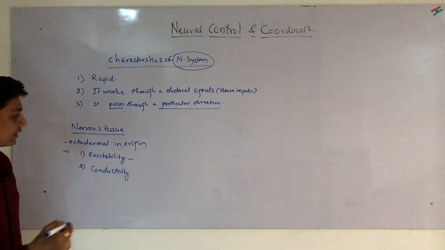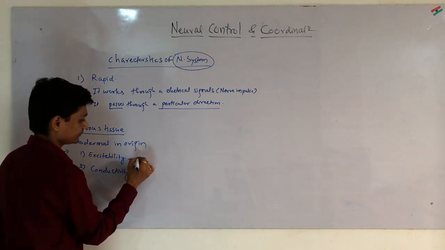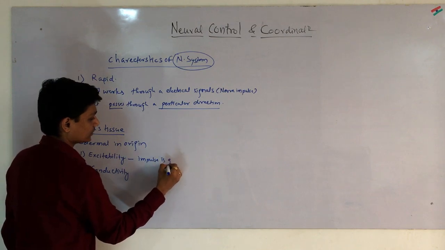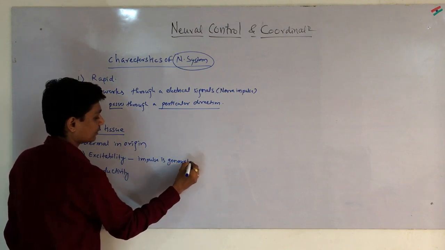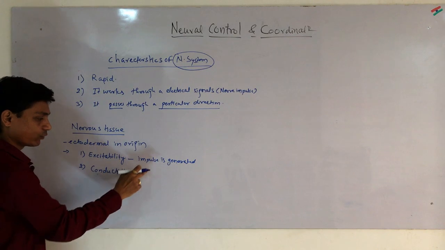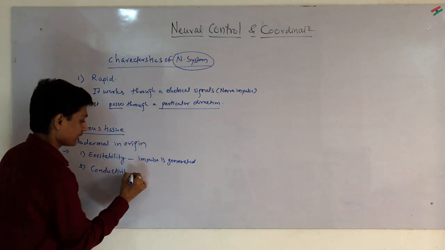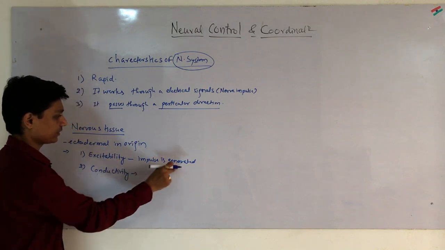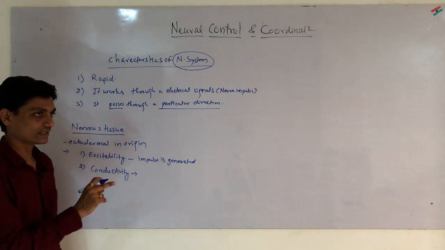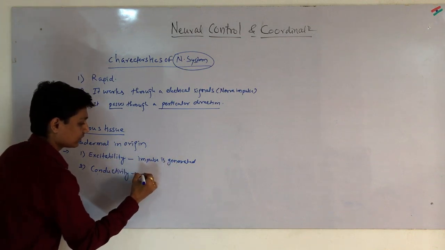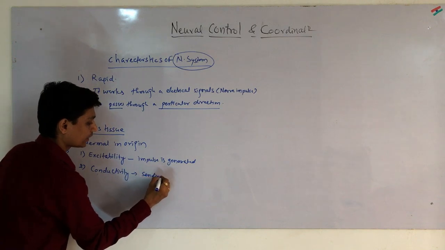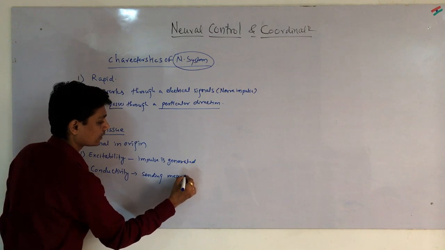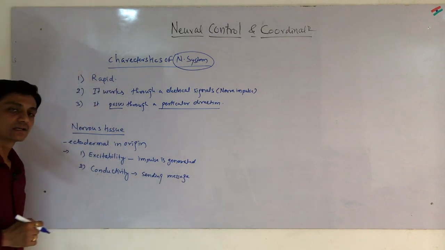In excitability, an impulse is generated, and second, whatever impulse is generated, conduction of that impulse is done, which is known as conductivity, or sending information or message is known as conductivity.